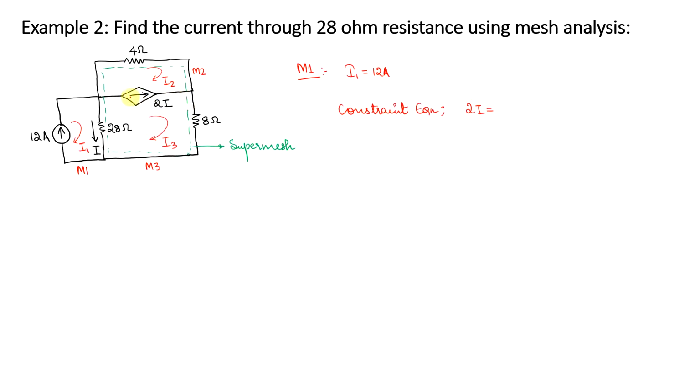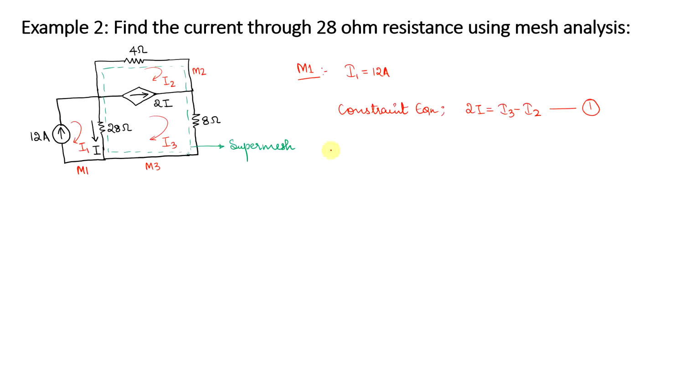It is pointing towards the right hand side, which is in sync with the mesh current I3. So you have to consider I3 to be the dominant mesh. So you can write the constraint equation as 2I equal to I3 minus I2. So this becomes your first linear equation.